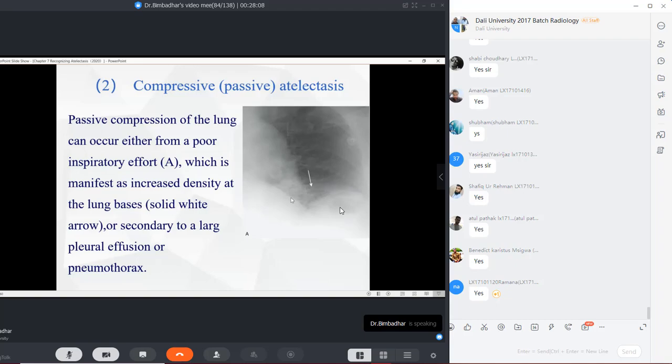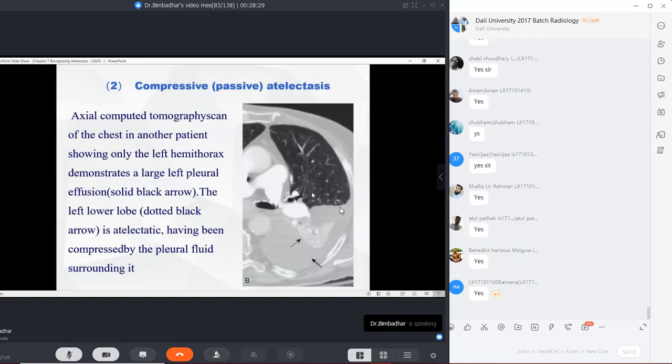Sorry, the main reason for this compressive atelectasis could be a pleural effusion or a pneumothorax, which means to say at the lateral border of the lungs there is a pressure from here. It will be compressing all the structures present down at the base. So that's what is causing the compressive atelectasis.